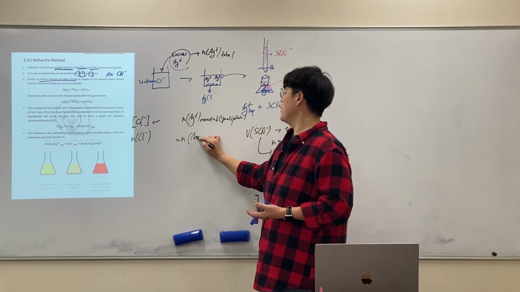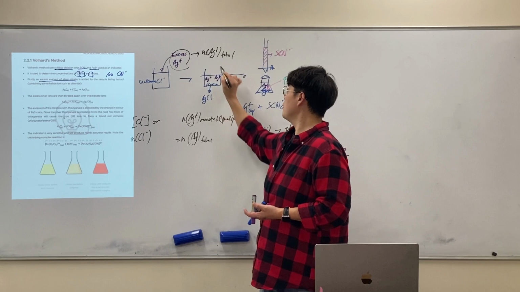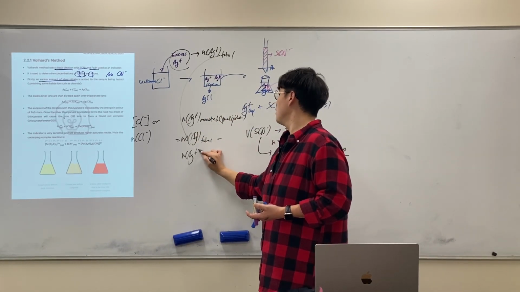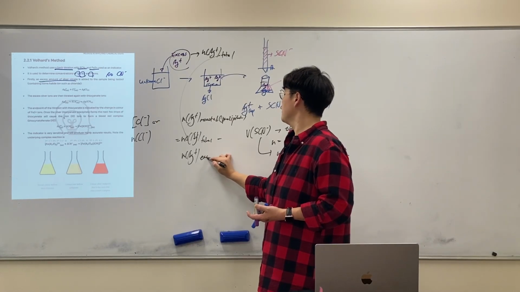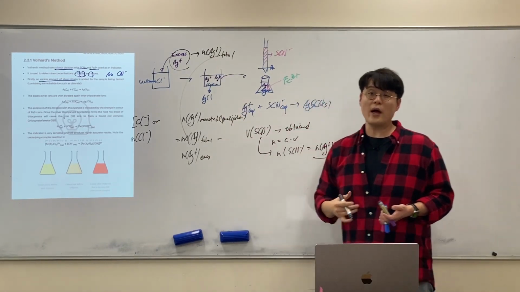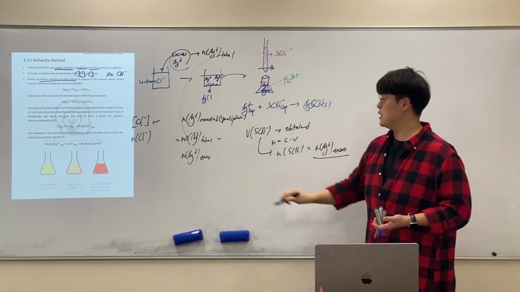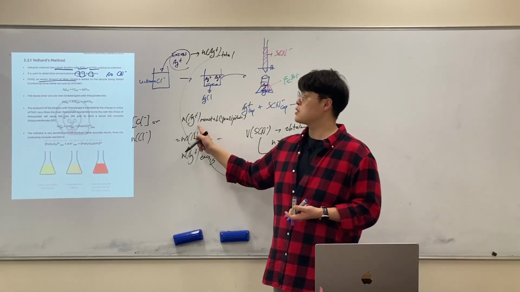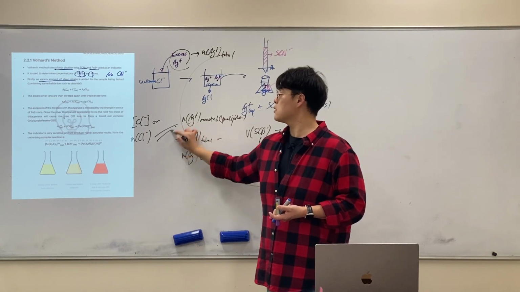Yes, silver total from here minus the excess. Total, of course, you're given from here, because you know how much you're putting in. You should design it here, like this. What is this? Silver. That's the same as these two.